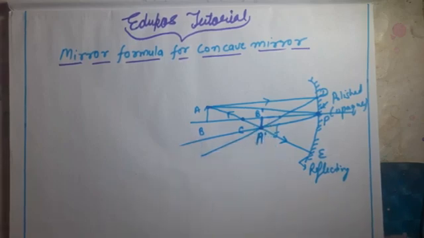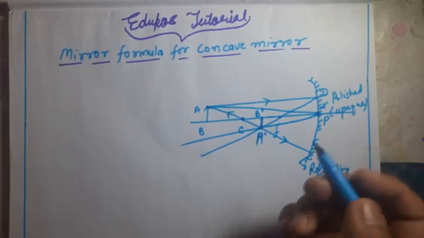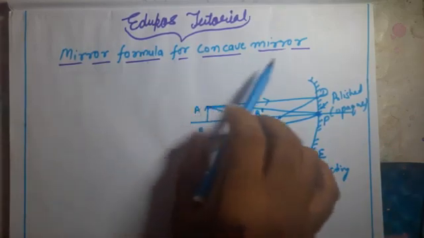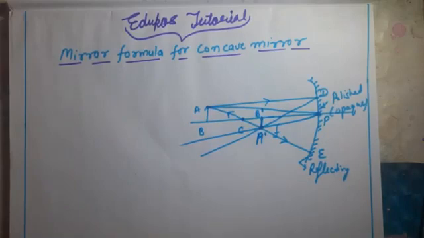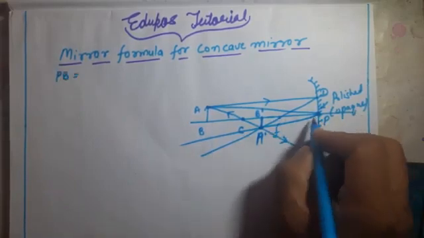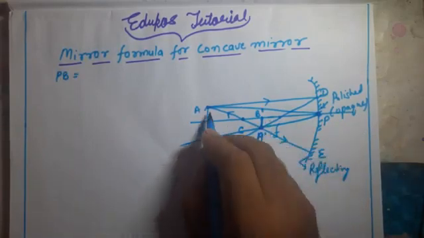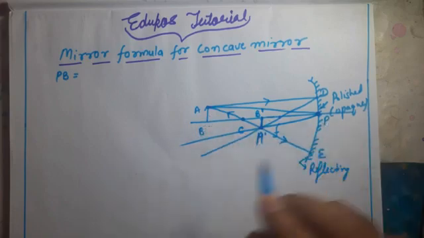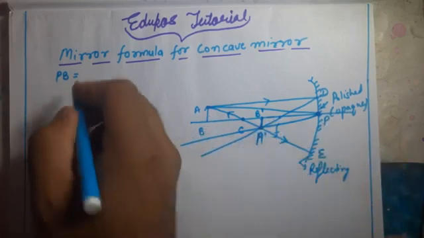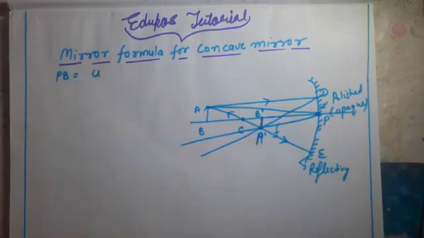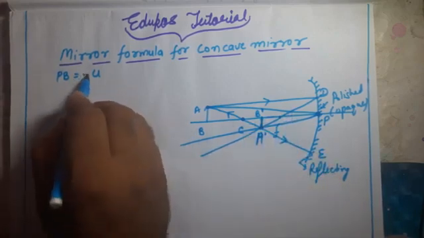Okay, now we will derive the mirror formula by using this diagram. Here PB is the distance of the object from the pole, which can be written as U, and we have already studied the sign convention. So according to the sign convention, the distances on the left side are written as negative.